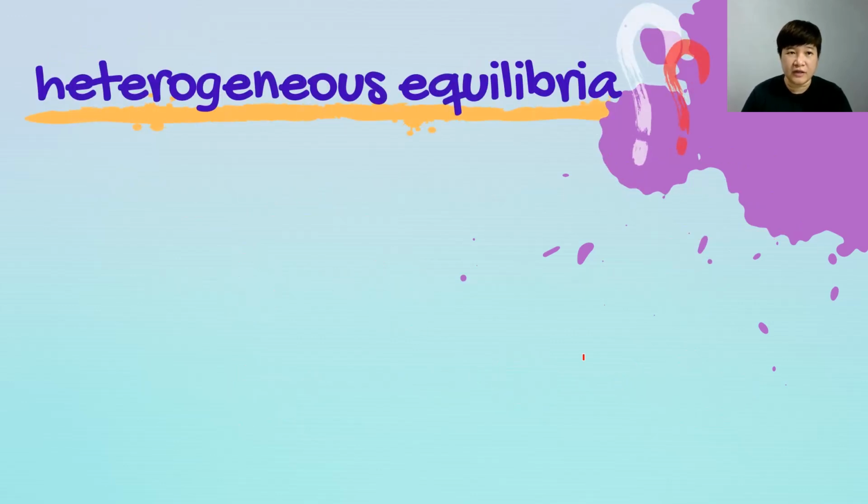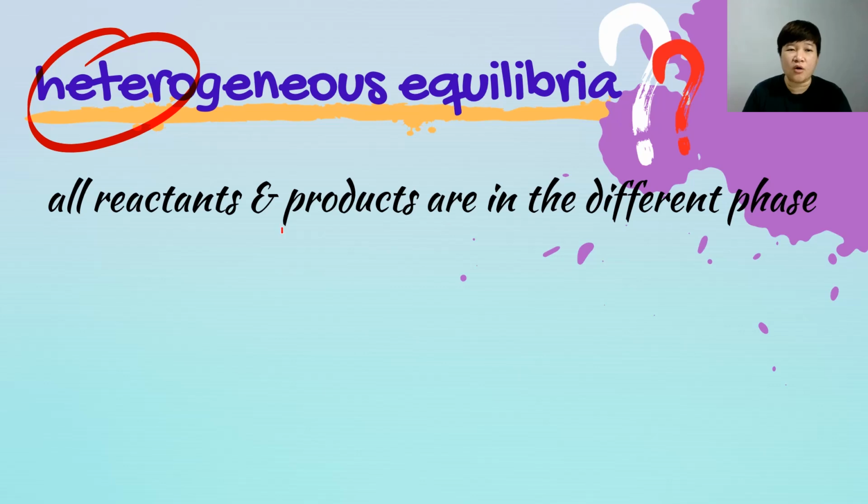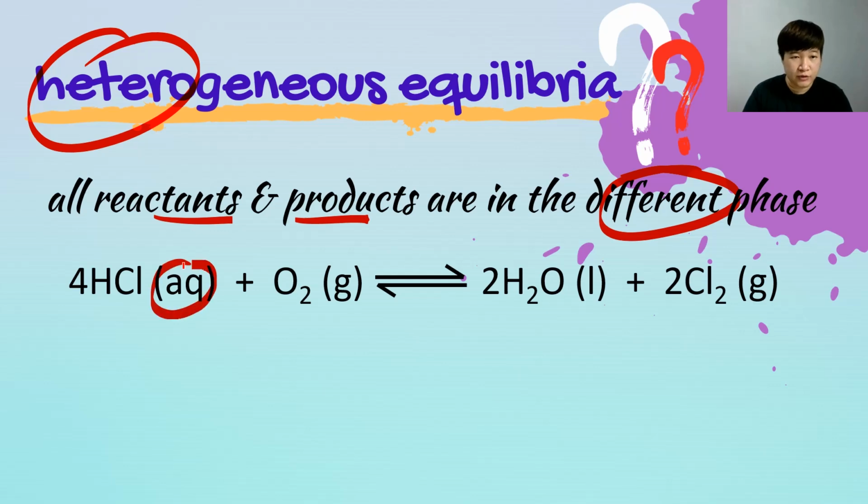Vice versa of it, what is heterogeneous? Heterogeneous means all your product and reactant might be in different phases. Any phases, as long as there is more than one different phase, that is your heterogeneous. An example over here, I have aqueous, I have gas, I have liquid, I have gas.